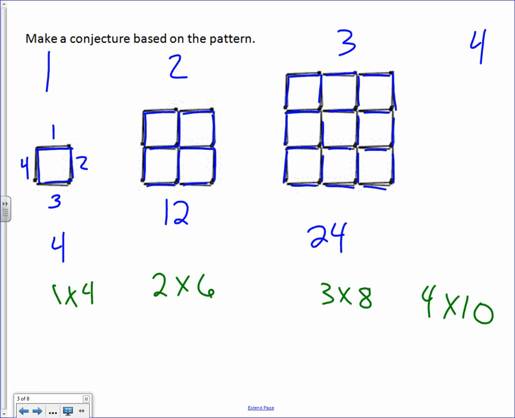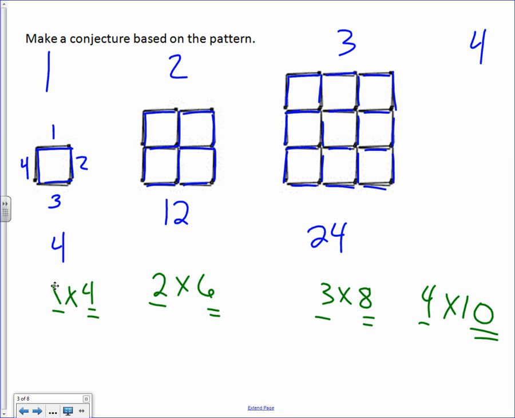So we have 1, 2, 3, and 4. And the number we're going to multiply by is increasing by 2 every time. So we have 4, 6, 8, and 10. So that's one way that we could talk about the conjecture of this pattern, right?